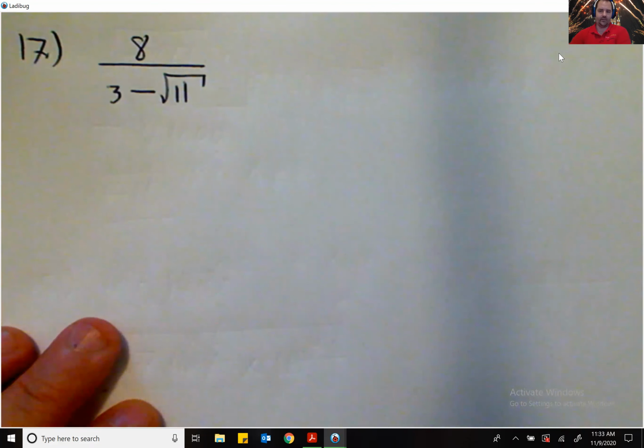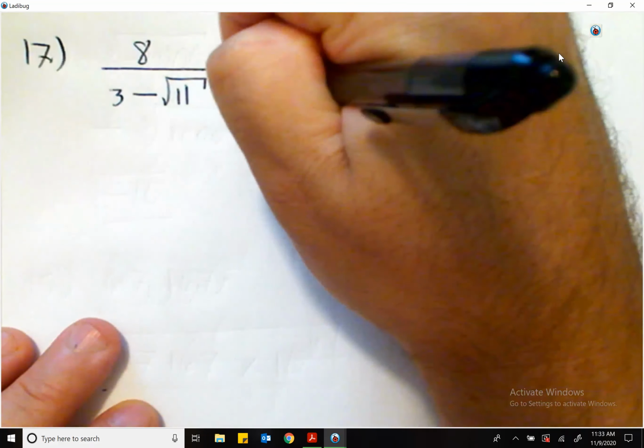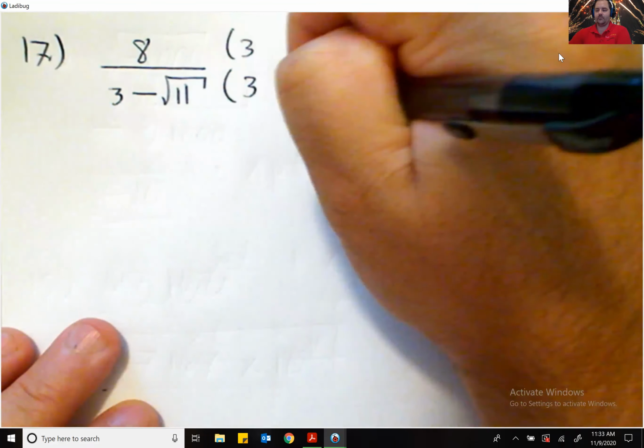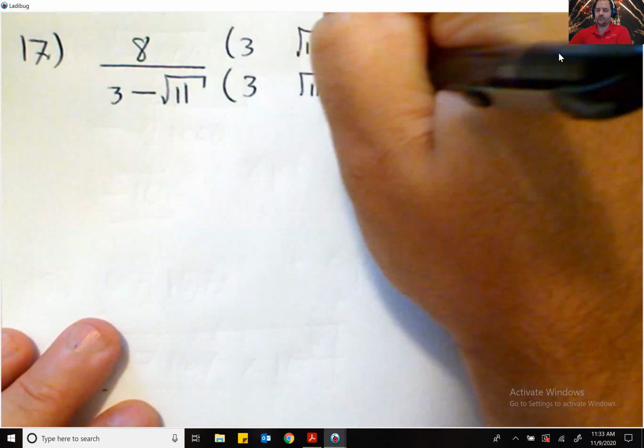Multiply it by 3 minus the square root of 11. So close. Oh, a minus. Yes, we got to use that conjugate.